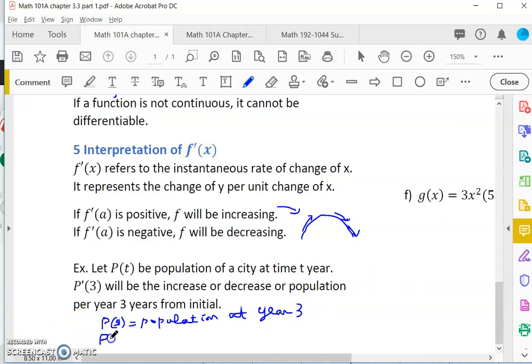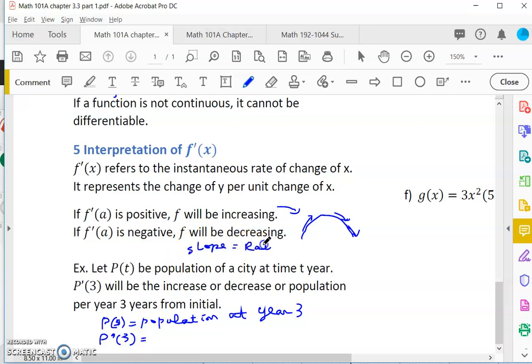But if you do P prime of 3, instead of a tangent line, this is a tangent line slope. Slope is also rate of change, right? Slope is rate of change.